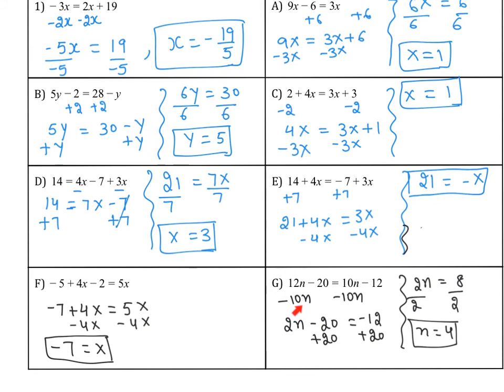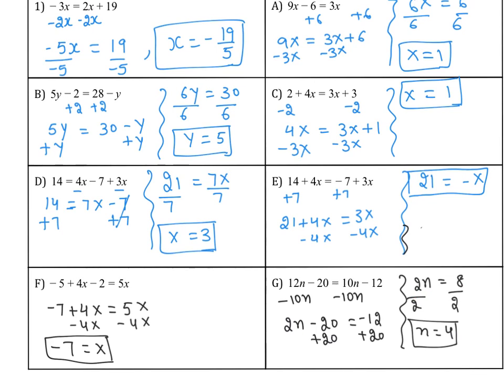So 12n minus 10n is 2n. Now I'm going to bring this 20 to the other side so that I can combine the numbers on one side. So plus 20 on both sides, this 20 cancels. 20 minus 12 is 8, and then 2n equals 8.